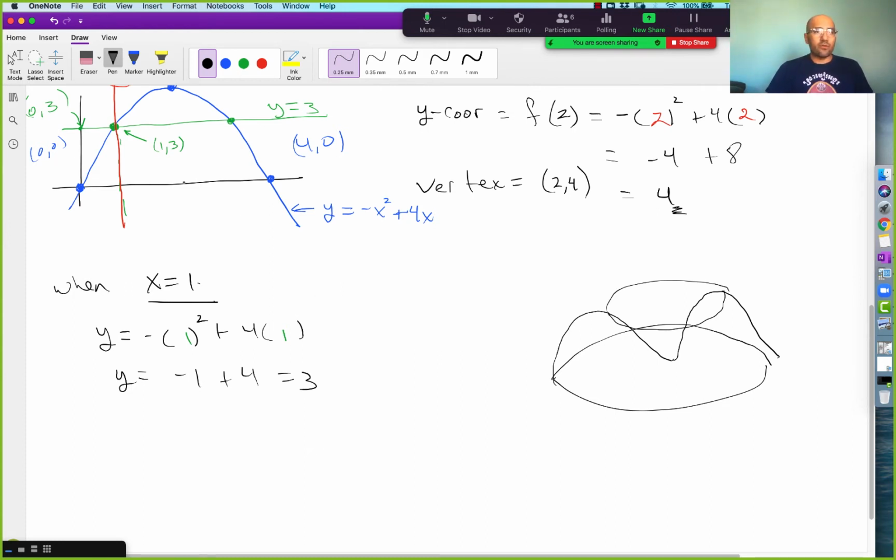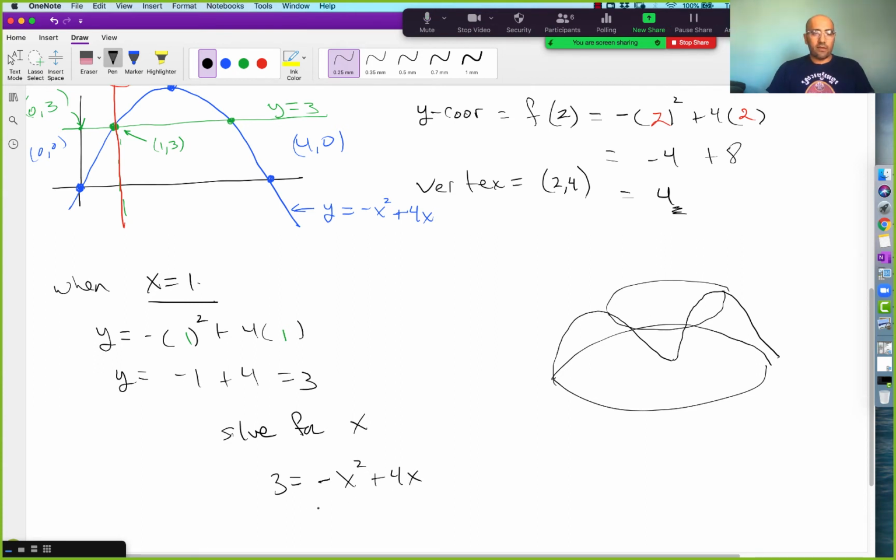But the other thing you could do is figure out when it is true that this parabola gives you a height of 3. Well, we have to set it equal to 3. So you're going to have to solve for x when 3 equals -x squared plus 4x.